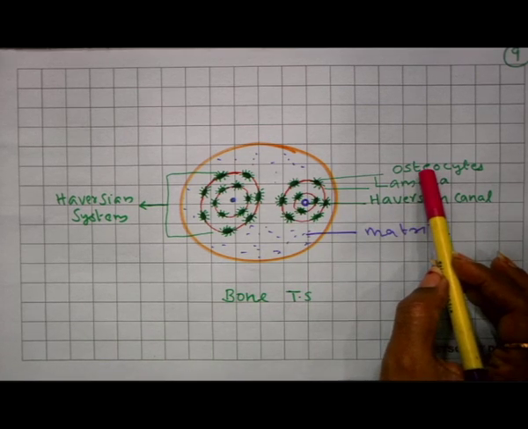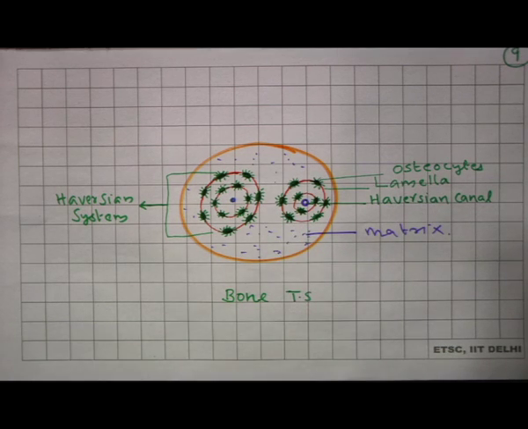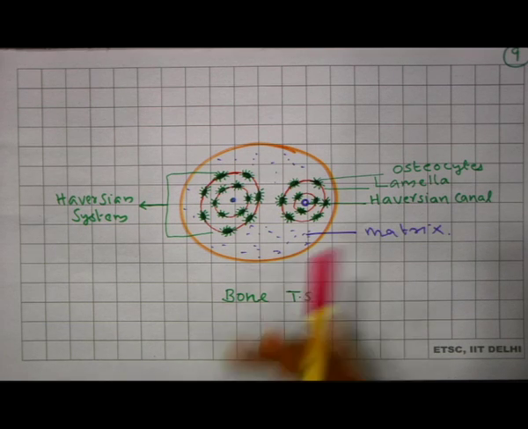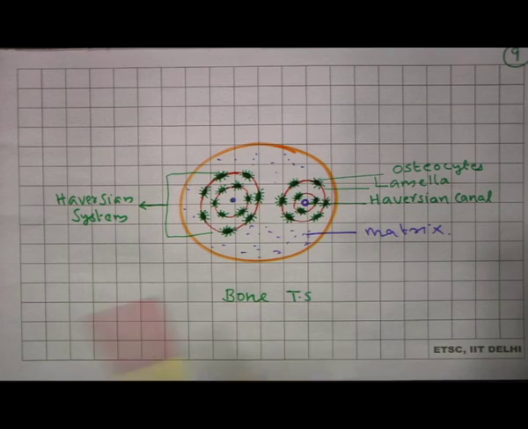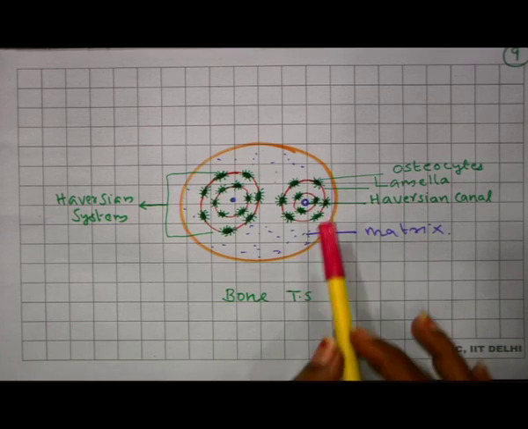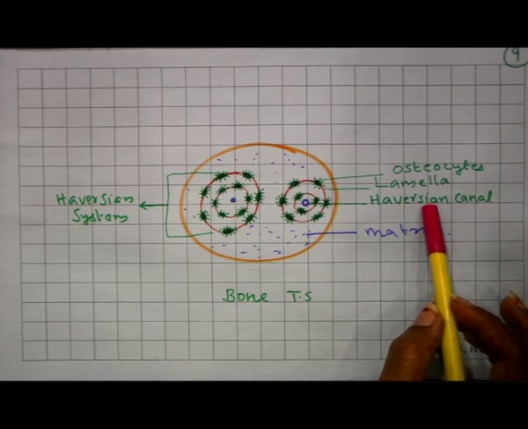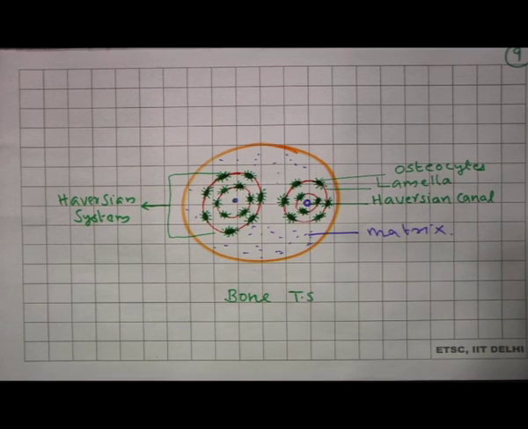Which cell? Osteocytes. And you have already seen these osteocytes have branches, that is canaliculi. So, all these things, this particular structure with the Haversian canal at the center, lamellae with osteocytes and canaliculi together form the Haversian system or an osteon.